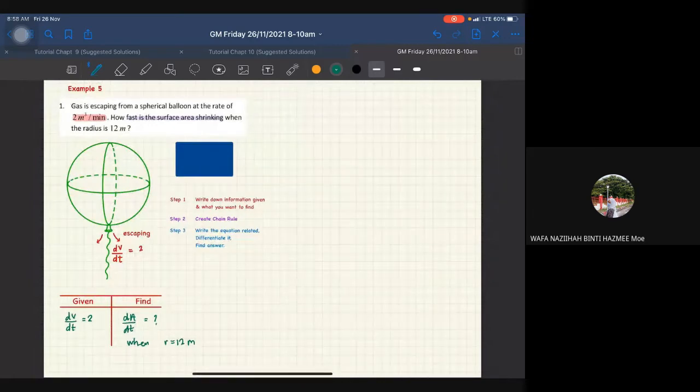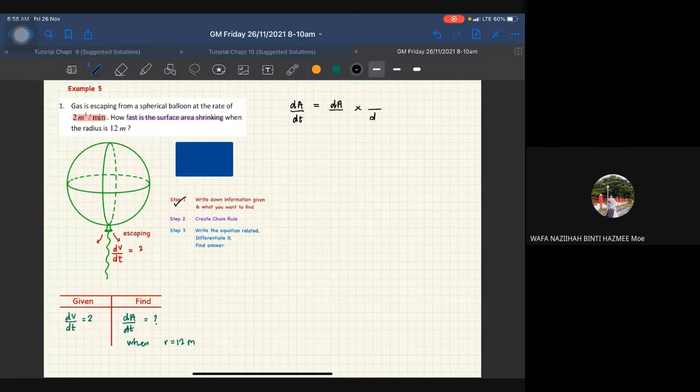Okay, so what do you put in this blank space? dV. Exactly, so you put dA over dV here and then times dV over dt. So dV over dt is settled, no problem. This one is 2.